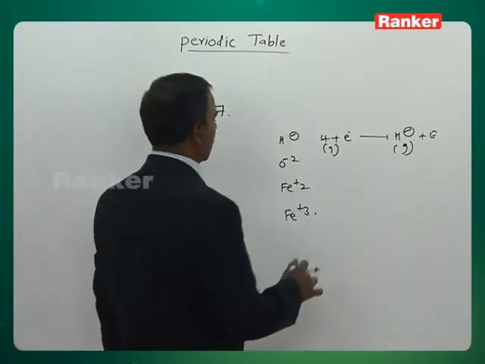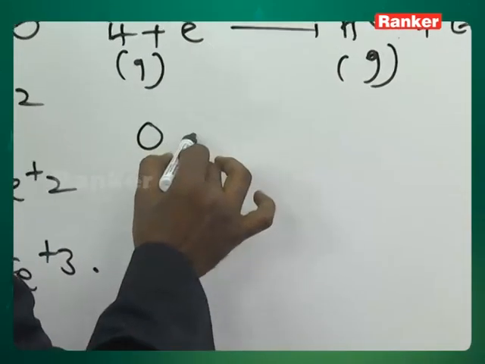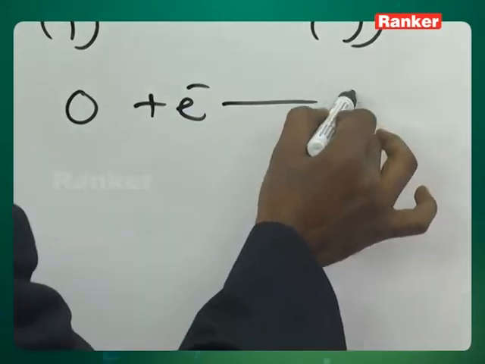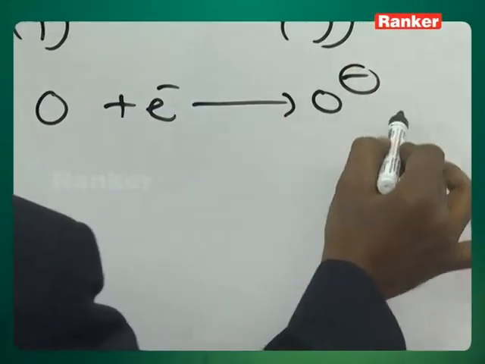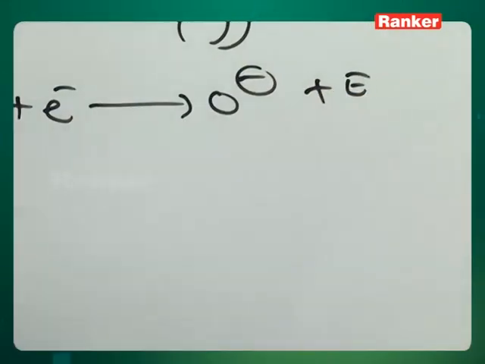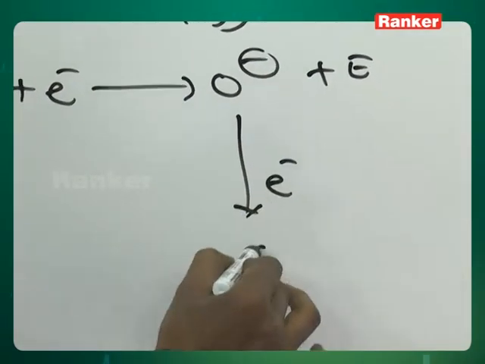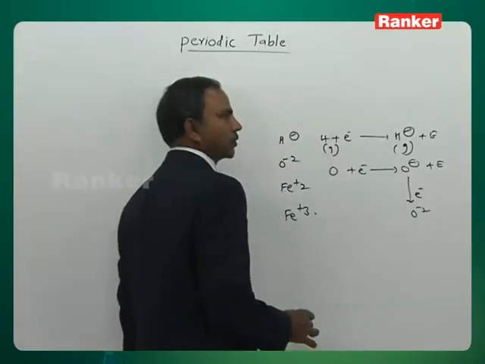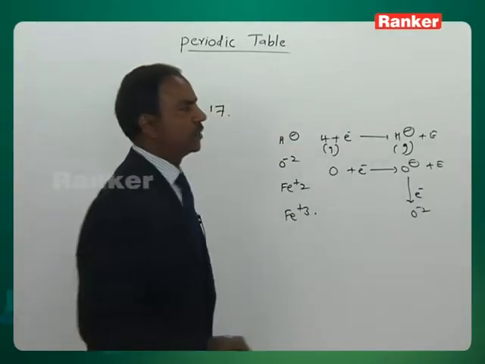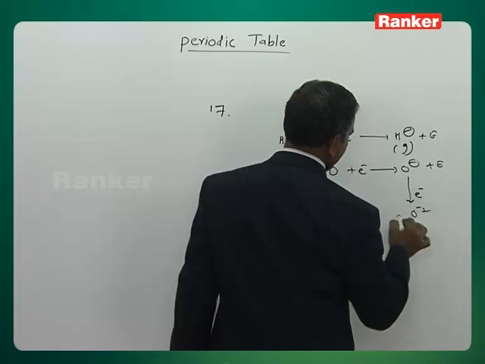But talking about the oxide, you are adding one electron, yes, it is becoming O minus, and this will be energy liberated. But in the case of O minus, you are again adding an electron, becoming O minus 2. In this case, energy is absorbed.